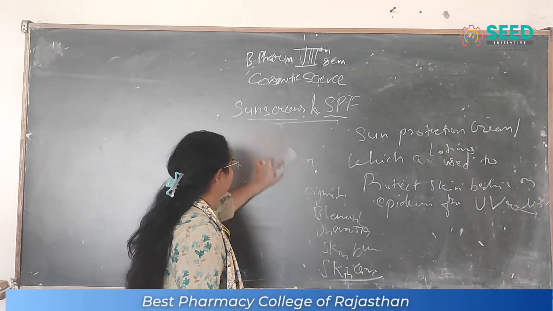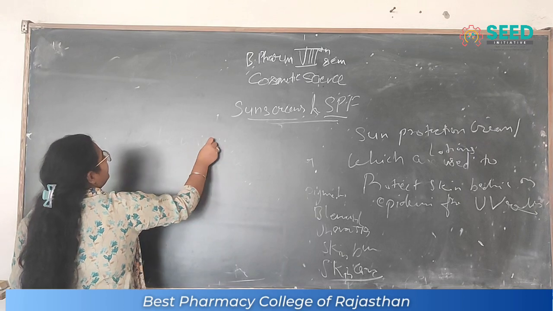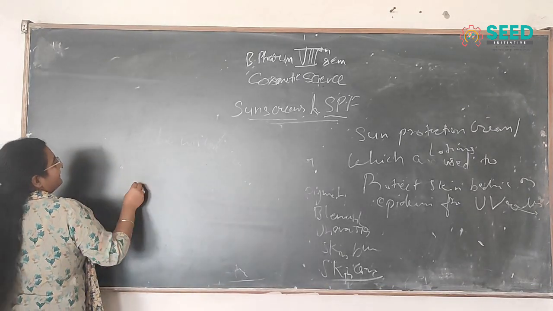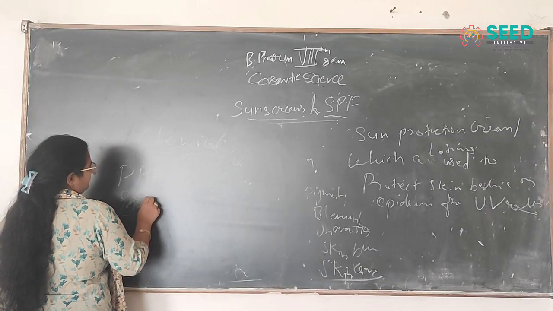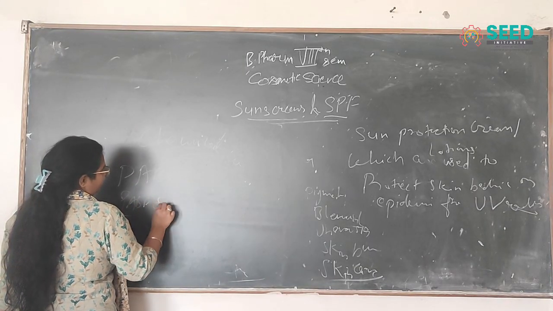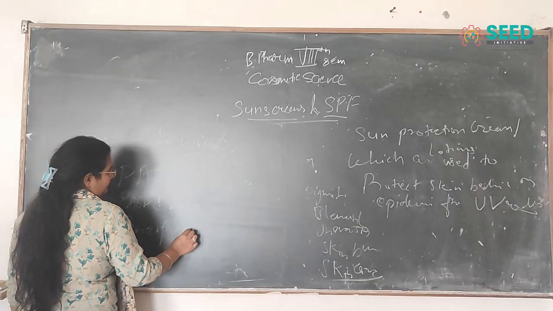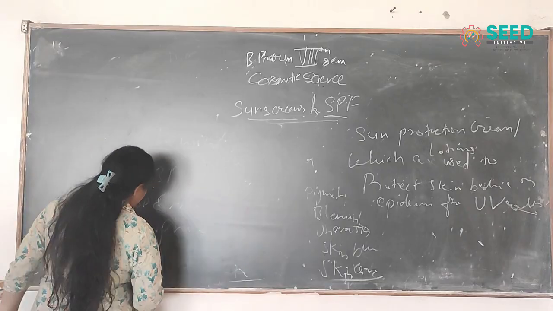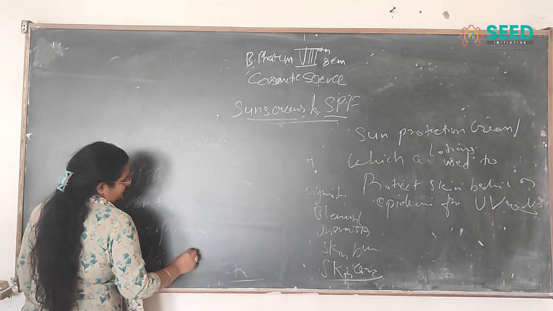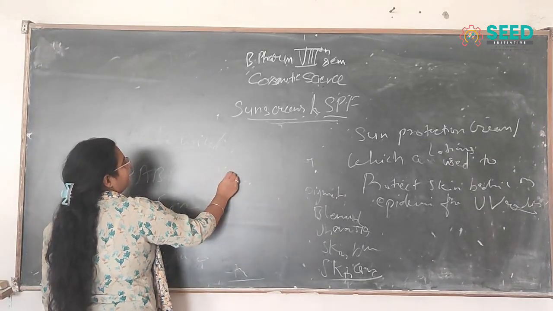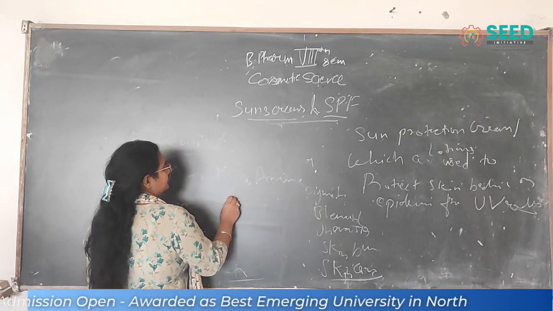Now we talk about the chemical sunscreen. Chemical sunscreen contains PABA esters, benzophenones, salicylates, and PABA, para-aminobenzoic acid.